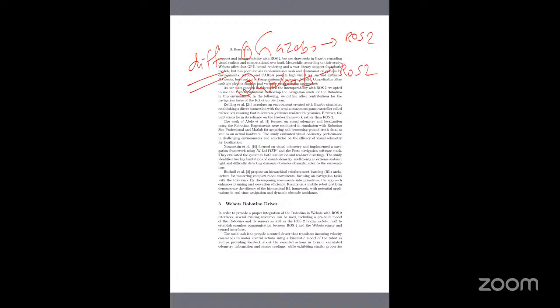For research as well as educational purposes, Webots is very much useful. Domain randomization is one of the major challenges. Environment customization, when we compare with Gazebo or CoppeliaSim, was very limited.